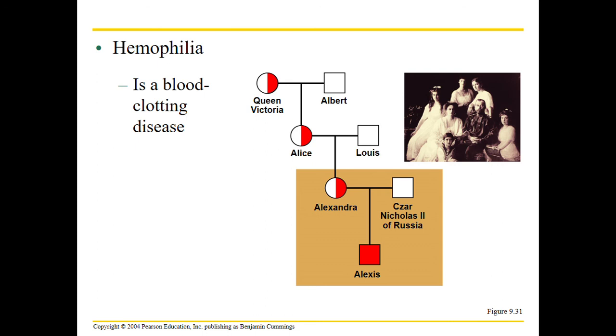Pretty gross, right? So here you saw female carriers, and if they had sons, with only a bad X, they wouldn't be able to clot properly, and that would be fatal.